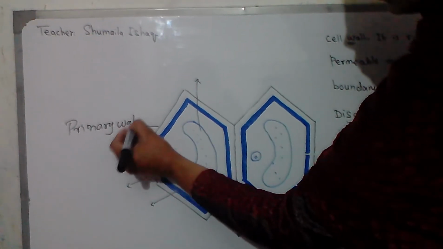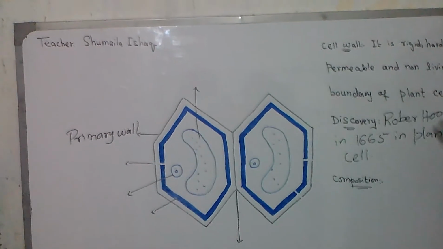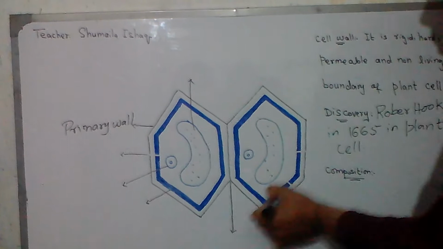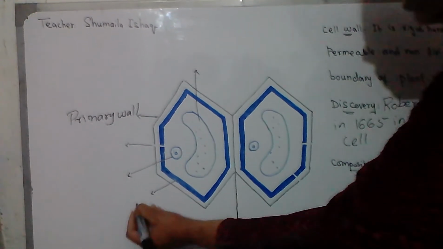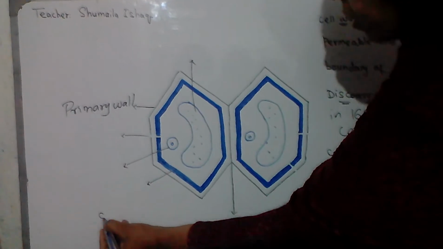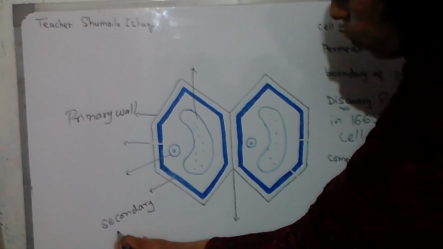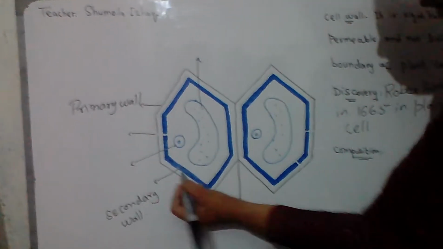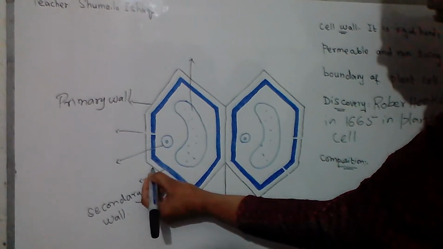It is present on the outermost side. The primary wall is somewhat thinner as compared to the inner wall. Inner is the secondary wall, and the secondary wall is somewhat thicker. As you can see, it is somewhat thicker than the primary wall.